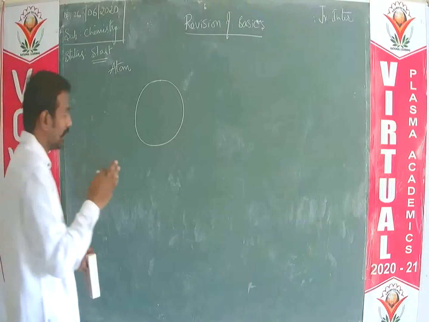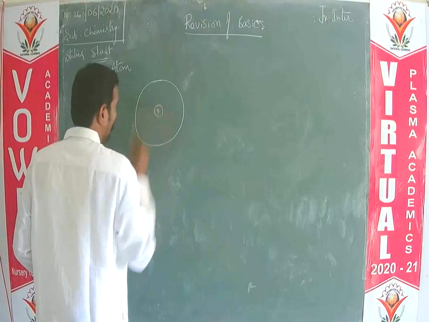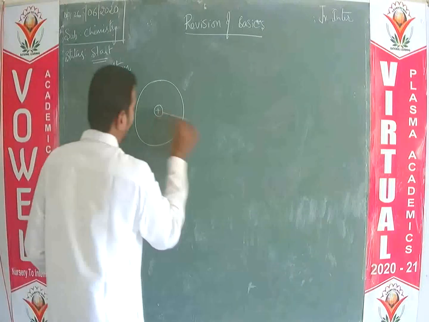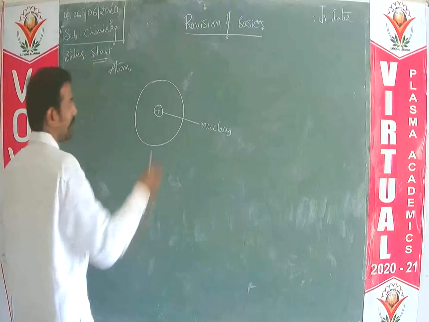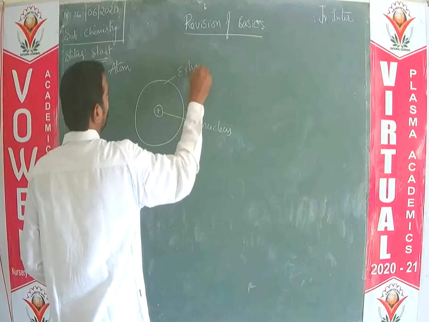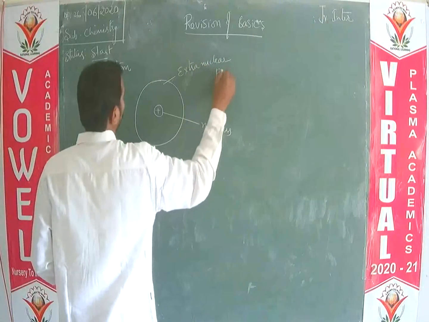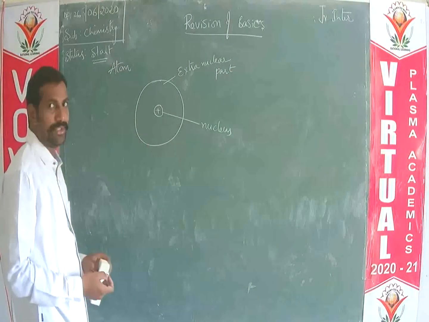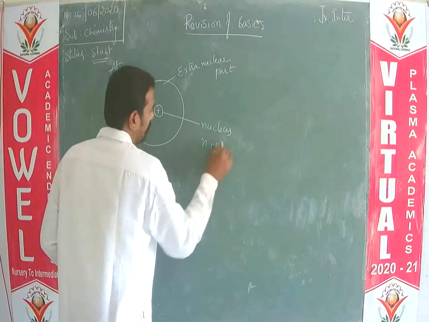And in the sphere, at the center, there will be the nucleus. This is called the nuclear part, or simply the nucleus. The remaining part is called the extranuclear part. In the nucleus, there will be neutrons and protons.